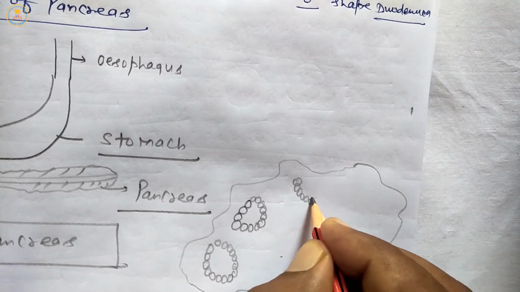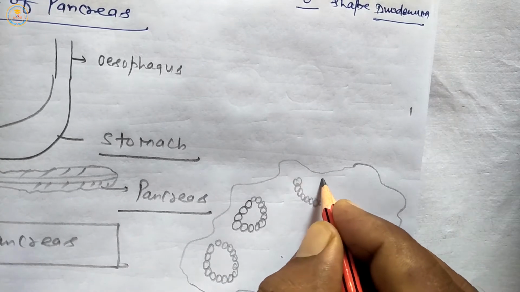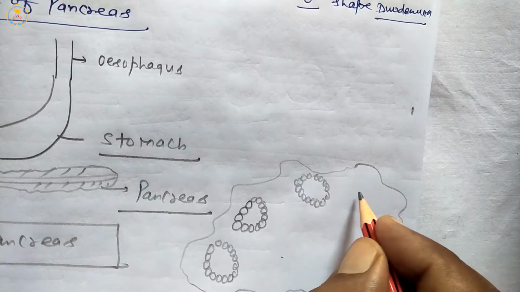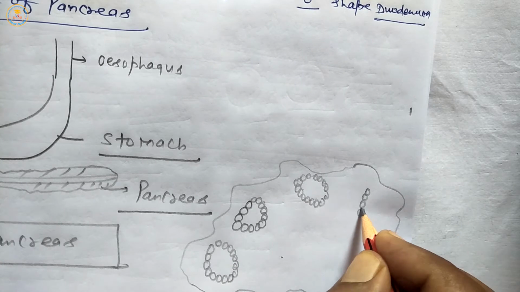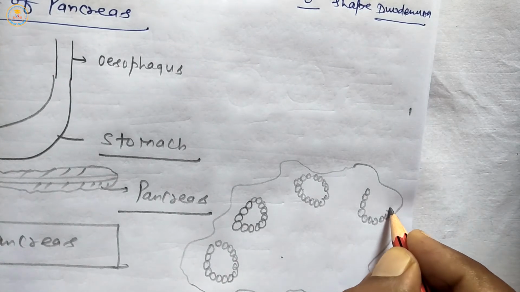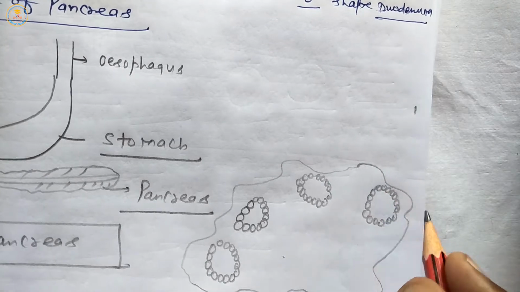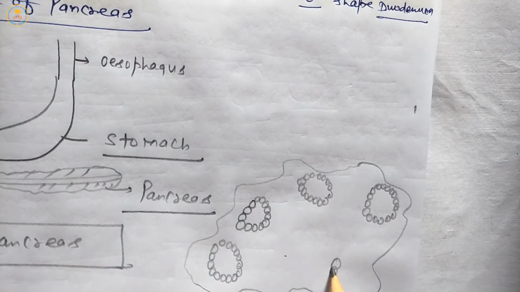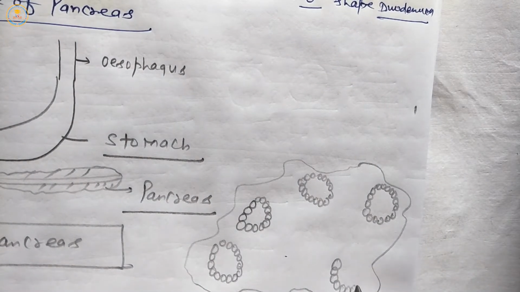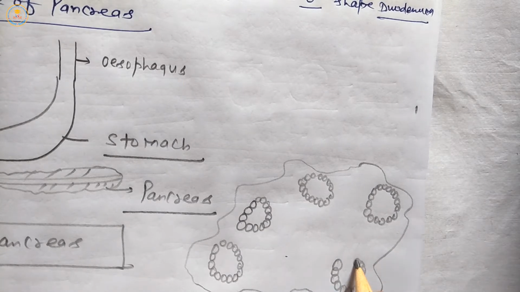These round shape structures are related to the exocrine part. It means these round shape structures secrete enzymes. These enzymes help in food digestion.